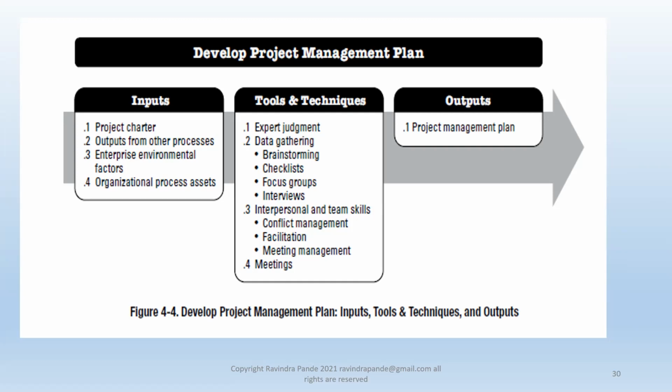So normally enterprise environmental factors and organizational process assets are inputs to all these management plans, because quite a few things get adjusted and tweaked to adapt to the current scenario. So all these scenario adoption processes are normally done via enterprise environmental factors and organizational process assets.